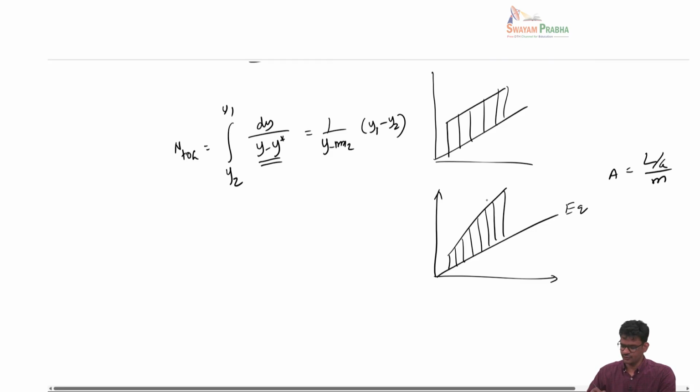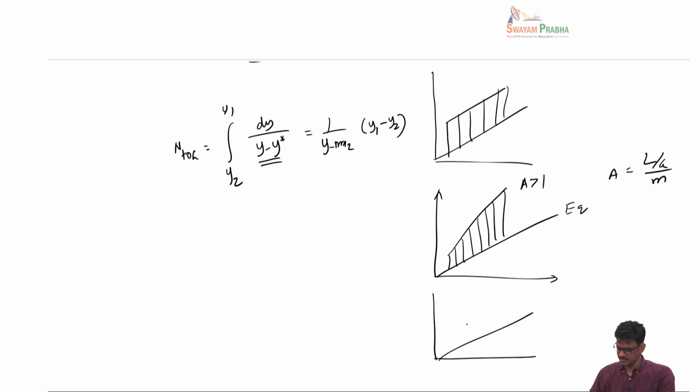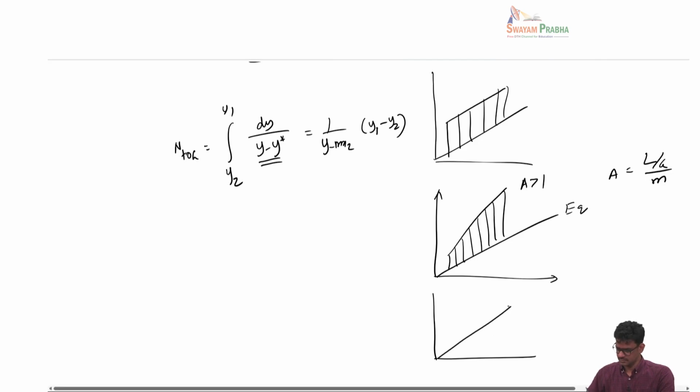In the diagram I have shown, the slope of the operating line is more, so this would correspond to A greater than 1. Here, the slope L by G is smaller than M, so A is less than 1.